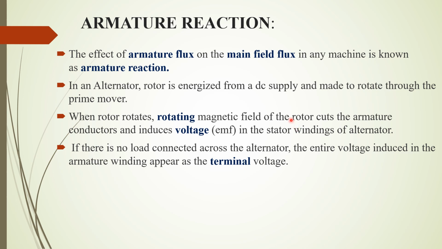Because it is a closed circuit, current is induced in the armature conductor and we collect the current from the armature. That is the main working principle of this alternator. But if no load is connected across the alternator, then the entire induced voltage appears across the terminal side. So we can collect the entire induced voltage from the terminal, that means from the armature. That is the no load condition.